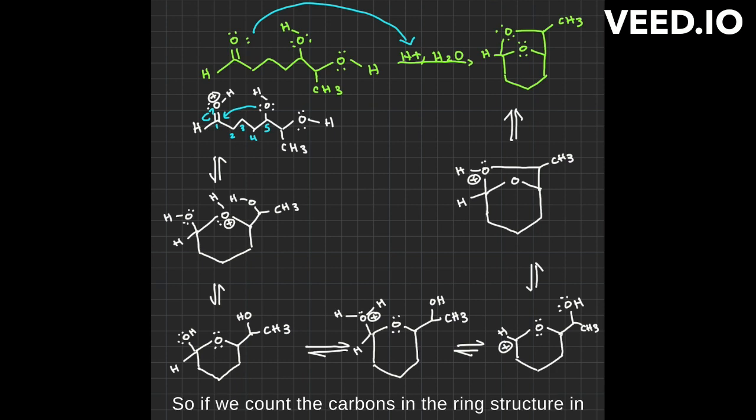So if we count the carbons in the ring structure in the next step, and we make this 1 because this oxygen is the one that was on the carbonyl carbon, so we make that 1 again, 2, 3, 4, and 5, and we see that the alcohol that did the attacking is on the 5th carbon.